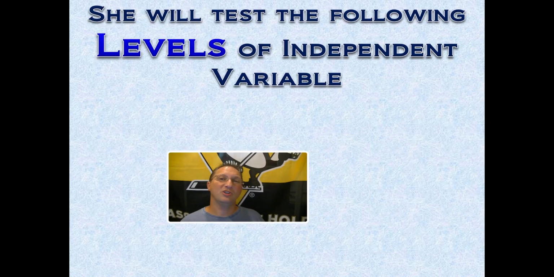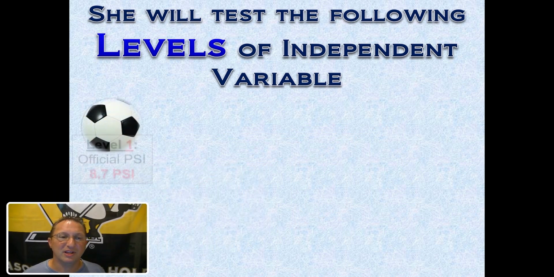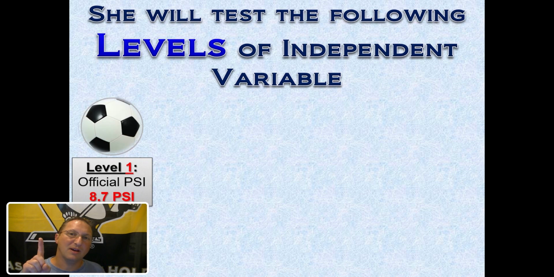All right, what are some levels? Well, let's say that she does some research and she says, we need our first level to always be our controlled level. So what should that controlled level be? Remember, the controlled level should be the one that's most normal. So, according to World Cup, the official PSI of World Cup soccer balls is 8.7 PSI.